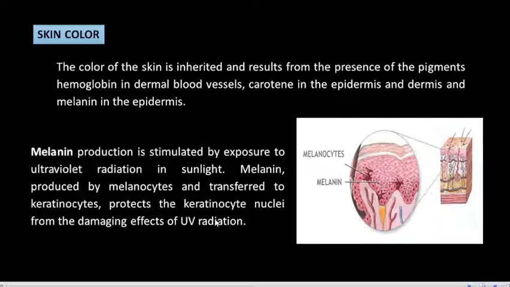UV radiation. Kaya nga sabi nila, kapag gusto mo ng very soft, smooth skin, wag magpainit under the sun, no? Kasi the more na maraming UV rays or UV radiation ang nare-receive ng skin mo, namamatay yung mga keratinocytes. And yung keratinocytes natin ang nagpo-produce ng keratin.